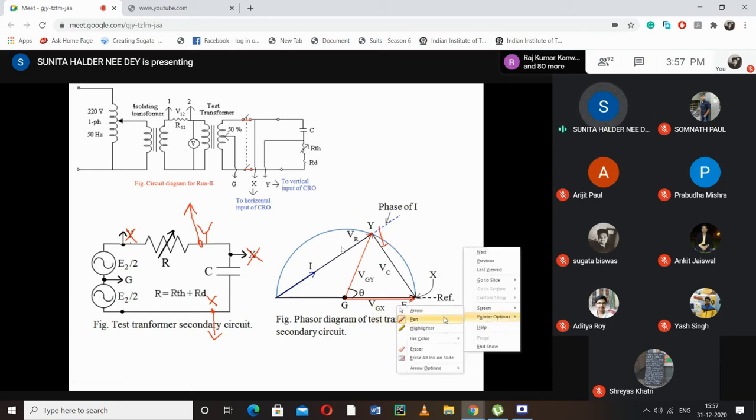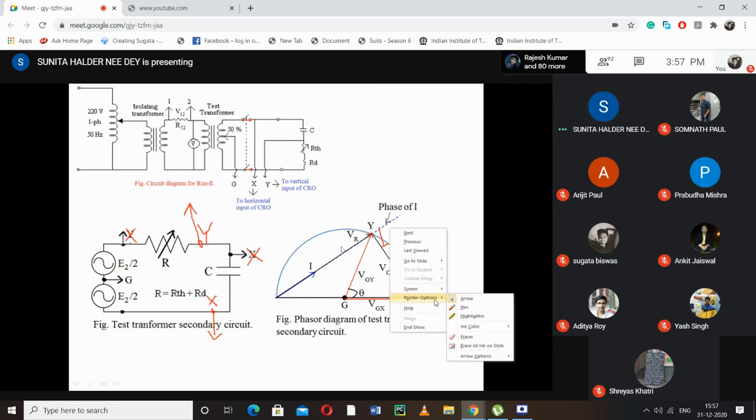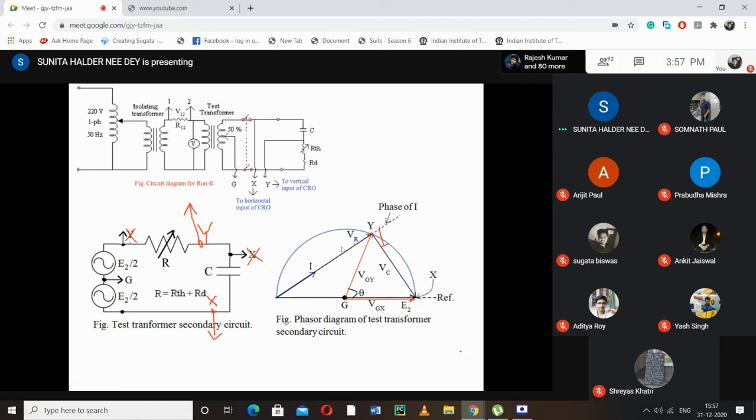So for that reason, this angle again always will be 90 degree, right? That means Y point will always lie on the semicircle, right?